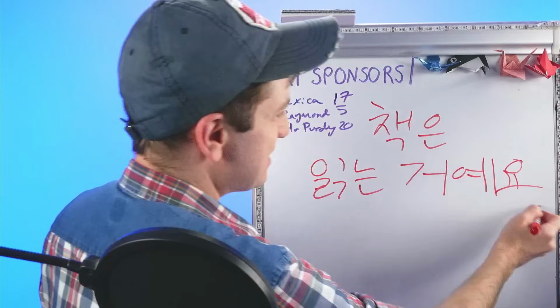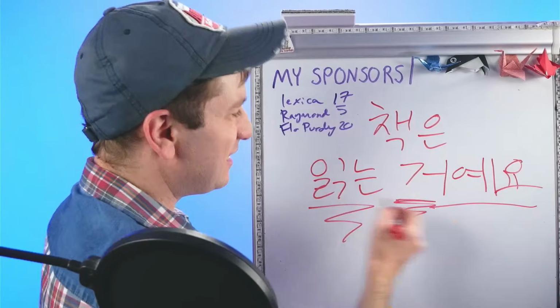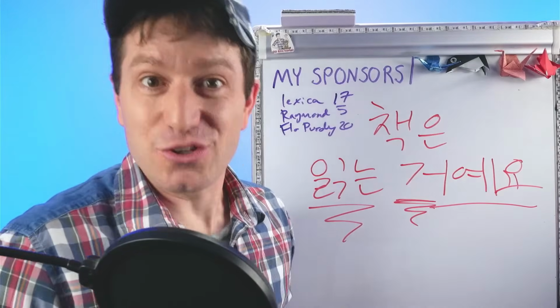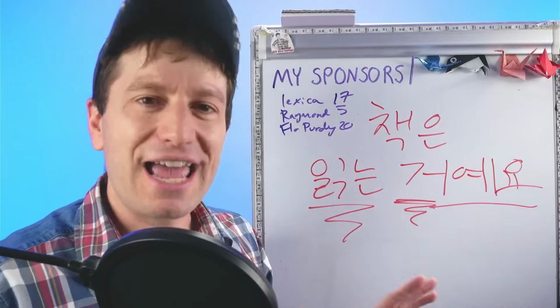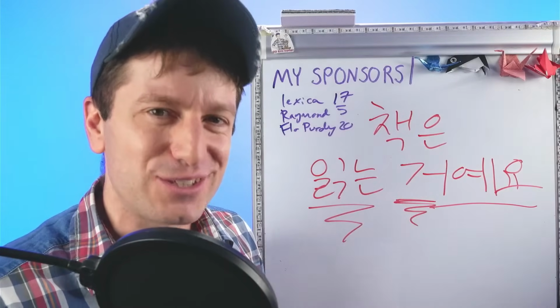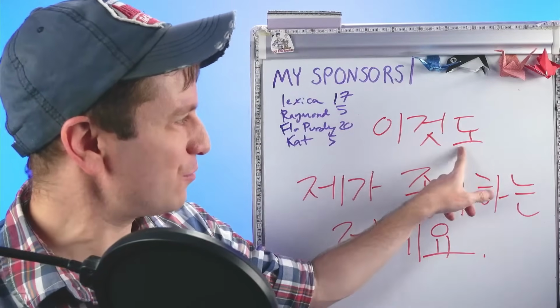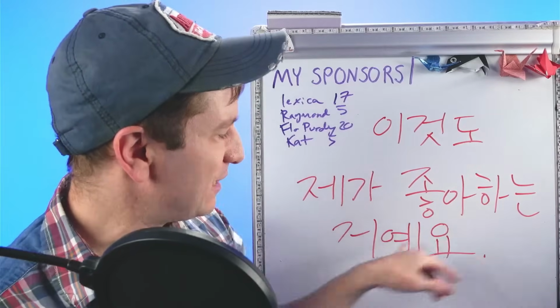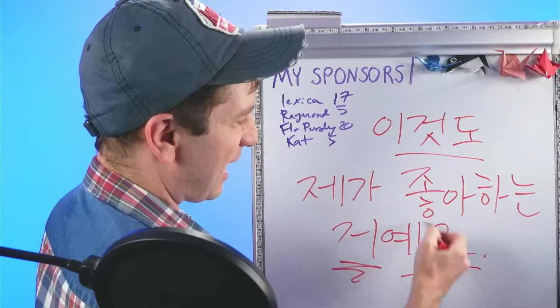So a book is a thing that you read. 책은 읽는 거예요. A book is something that you read. You're not saying like the book is reading. So keep an eye out. This is a form that can be used in two different ways. I'm going to give you another example. 이것도. So this thing also, 제가 좋아하는 거예요. So this thing is also something that I like.